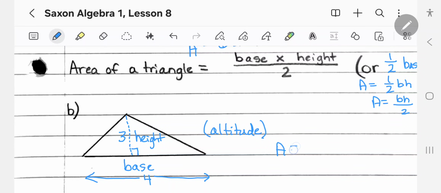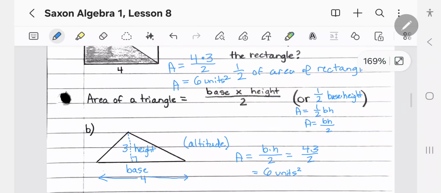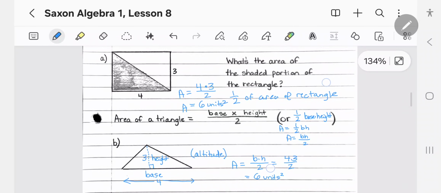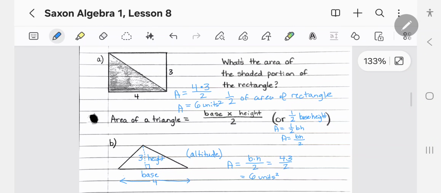Your area would be equal to the base times the height divided by 2, which is 4 times 3 divided by 2, which is equal to 6, whatever the units are, squared. Okay, so you would get the same area that we got for the last triangle that we did.